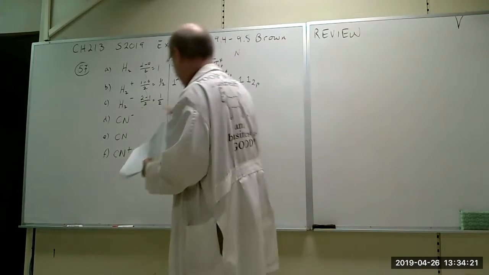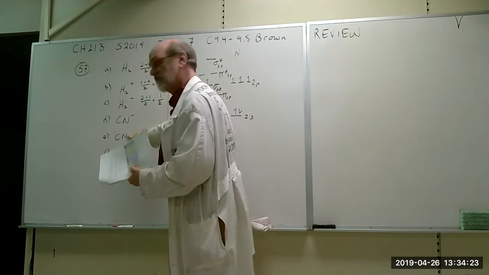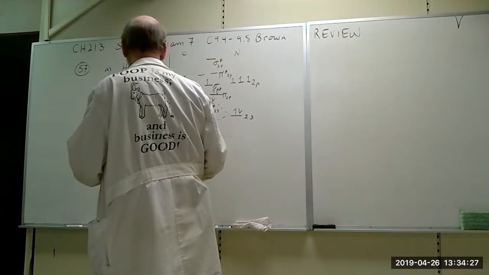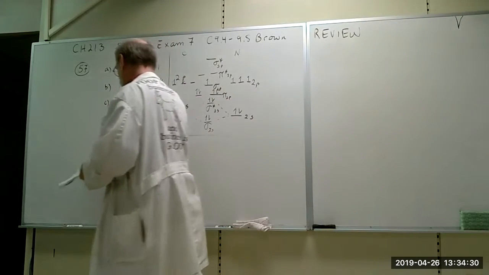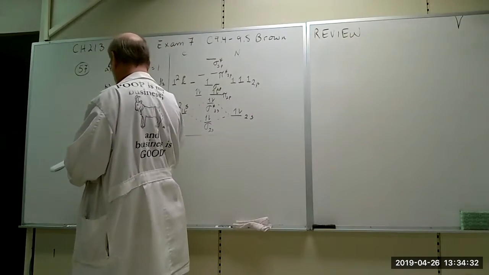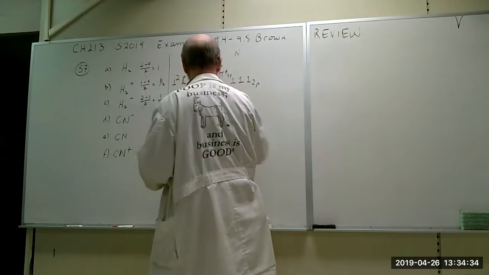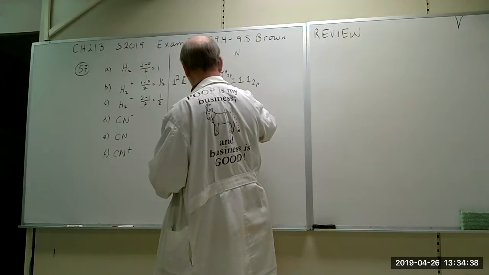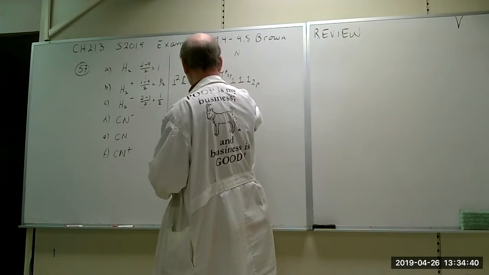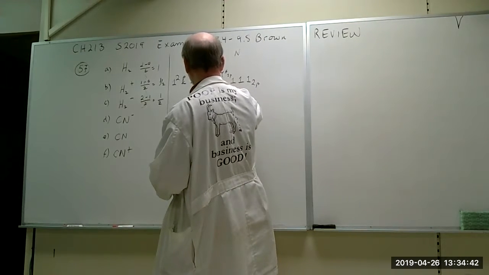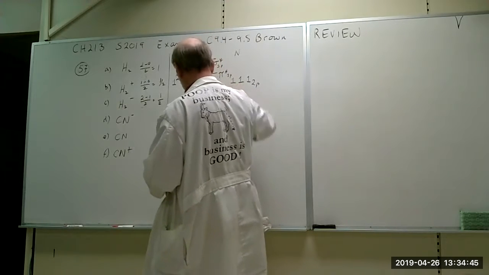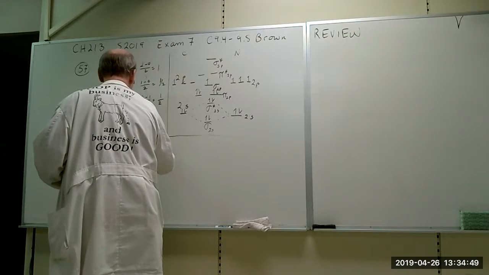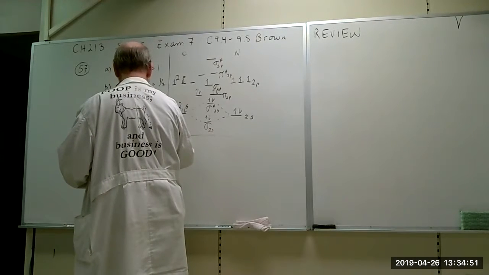Okay, that's this one, right? Because we use neutral amounts for each one. So that means the bond order is going to be 2, 4, 6, 7 minus 2, 7 minus 2 divided by 2 equals 2.5.